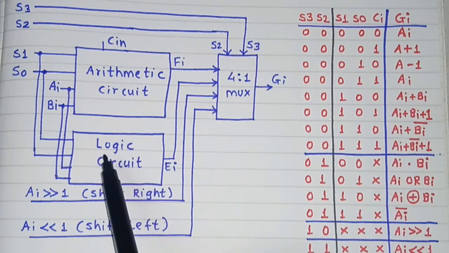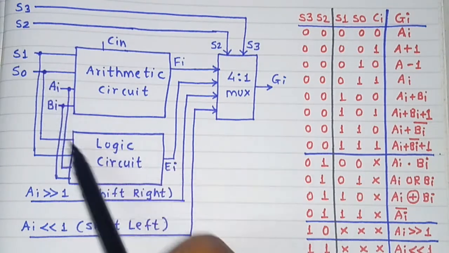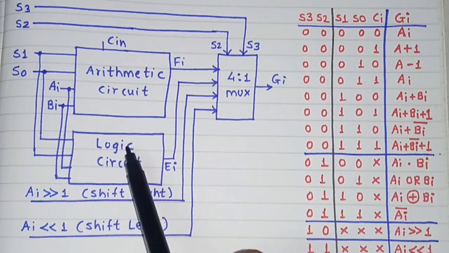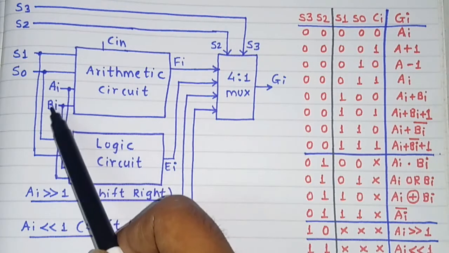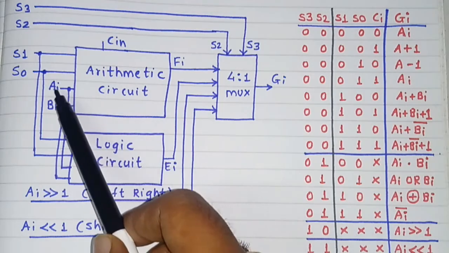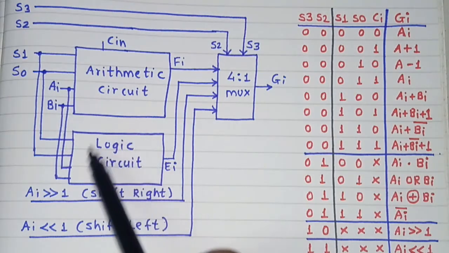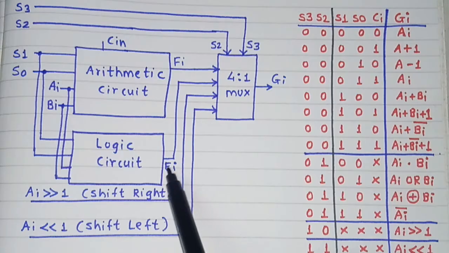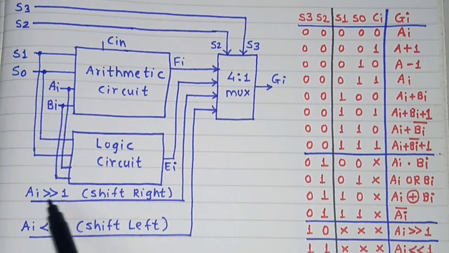Similarly, we have the S0 and S1 lines for the logic circuit also. Then A and B are inputs to perform the logical operations, and the logic circuit output is obtained as EI. And finally, the AI will be either right shifted or left shifted. This is shown by a single line.